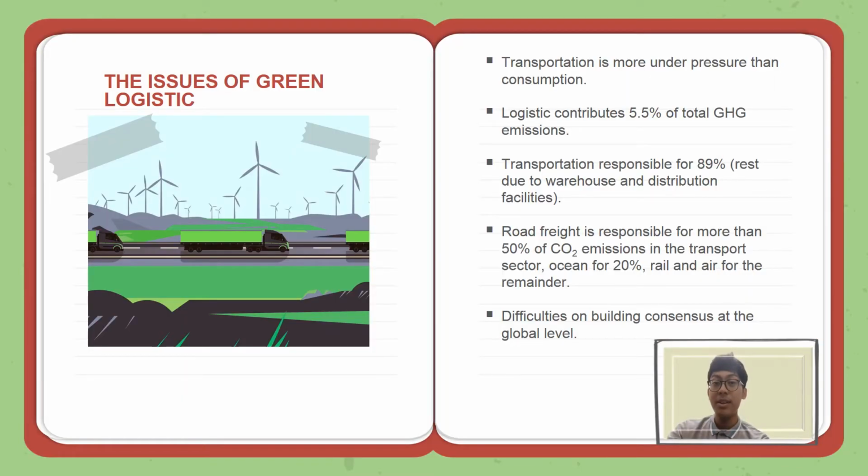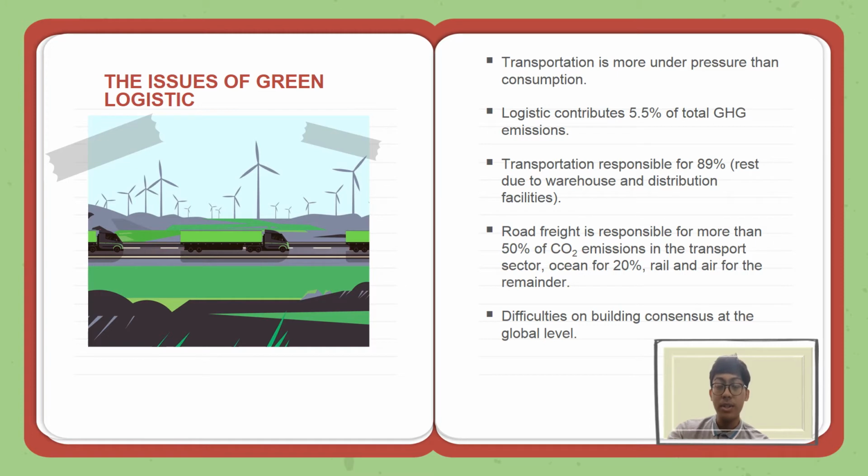Okay, the next one is the issues of green logistics. The issues of green logistics are focused on transportation. This is because transportation is under more pressure than consumption, and logistics contributes 5.5% of total greenhouse gas emissions.